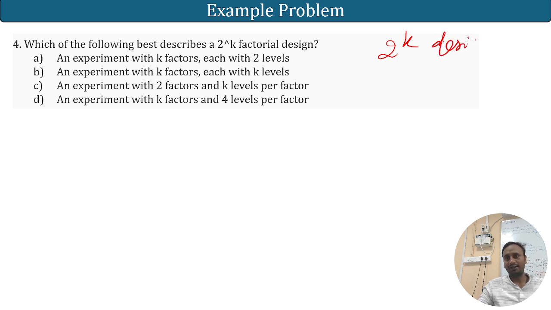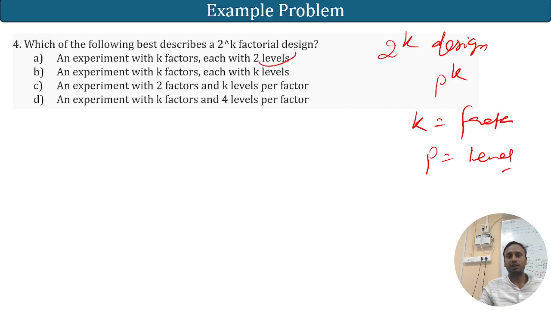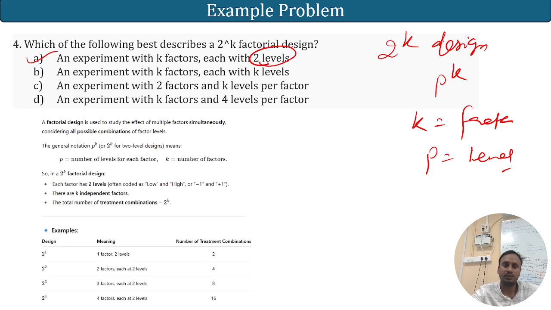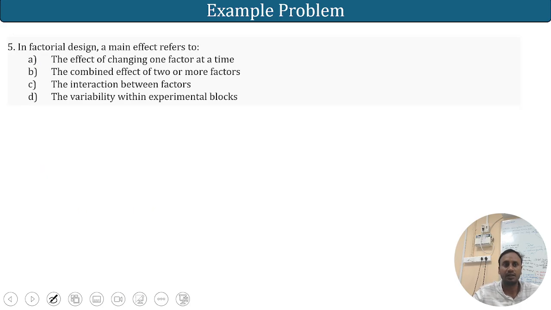I explained it just now. It's p by k, where k is the factor and p is the level. So 2 to the power k means 2 levels with k factors. I think A is the correct option. Yes, this is how it works: number of factors, number of levels.